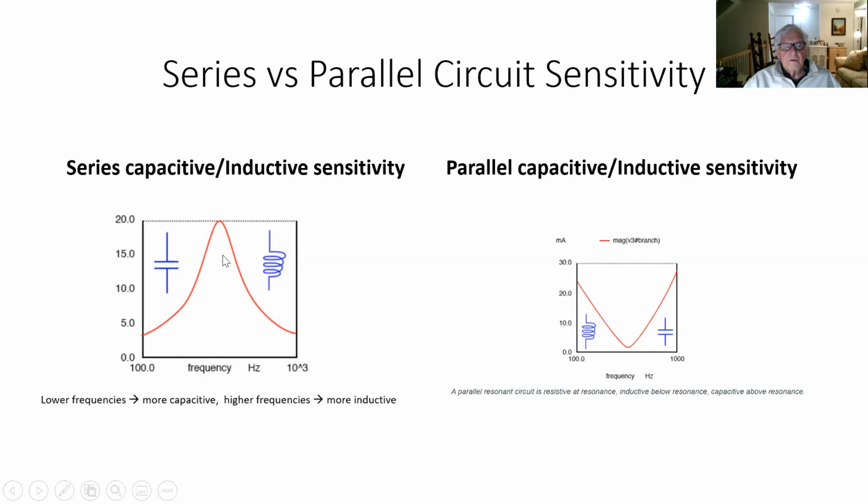If you're above the resonant frequency, you're behaving as an inductor. The opposite is true for the parallel circuit: at lower frequencies you're inductive, and at higher frequencies you become more capacitive.